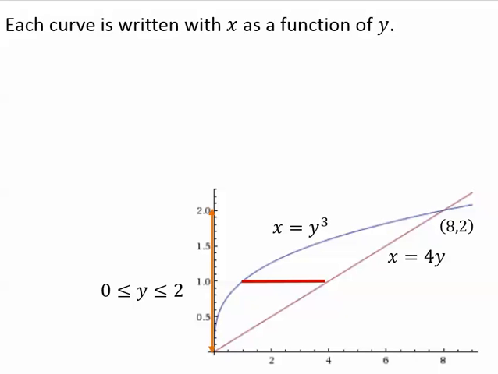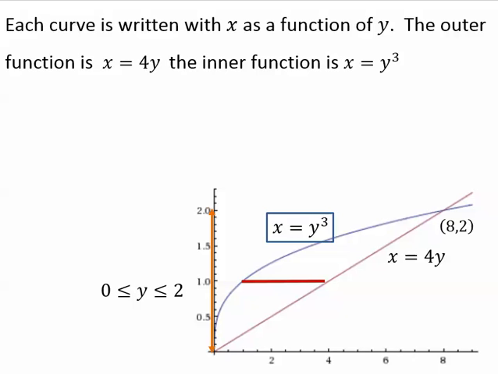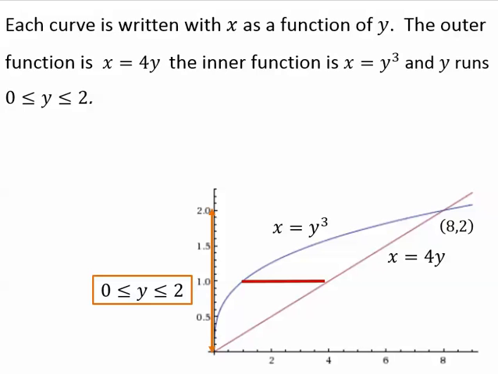We have each curve written with x as a function of y. The outer function is x equals 4y. Your inner function is x equals y to the 3. y runs from 0 to 2.